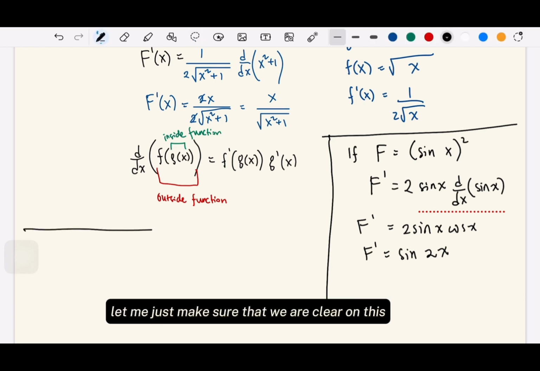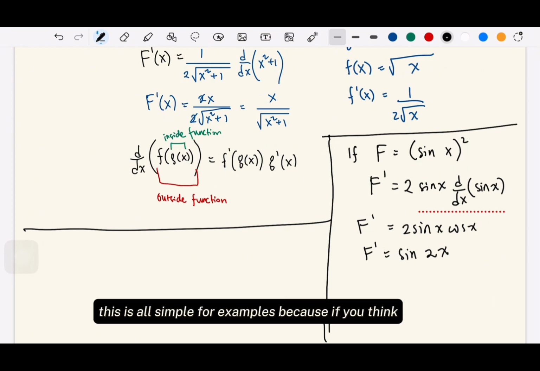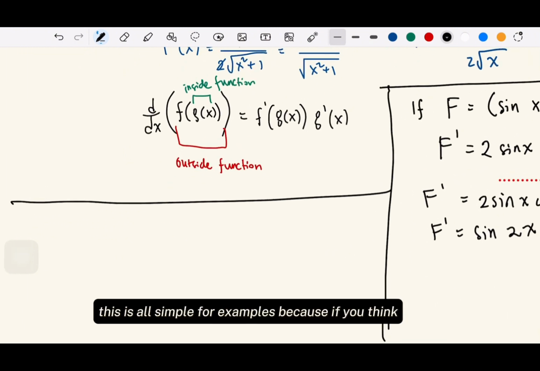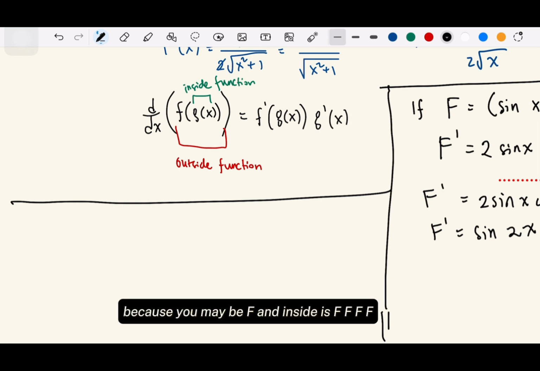Let me make sure that we are clear on this. Let me give you another one. These are all simple examples, because a composite can have more than 2 functions. It can be f, and inside is f, and then maybe many functions, but the rules stay the same.